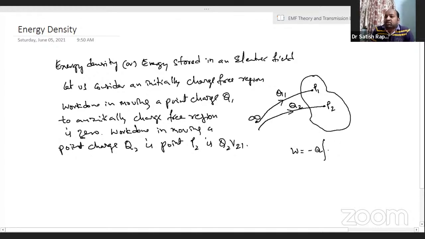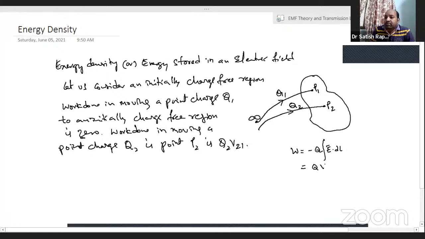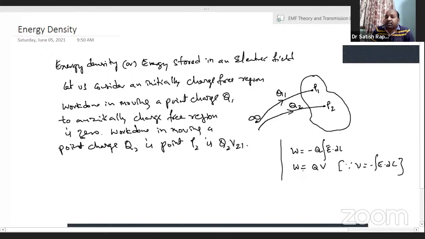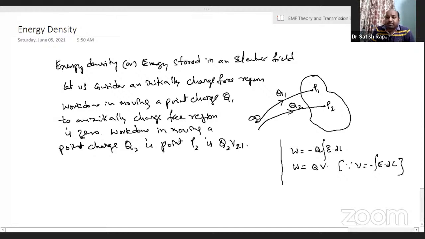W is equal to minus Q integral E dot dl, and this is equal to QV, since V is equal to minus integral E dot dl, right? So therefore W is equal to QV. So the work done is QV.